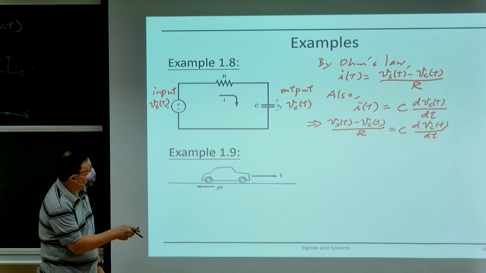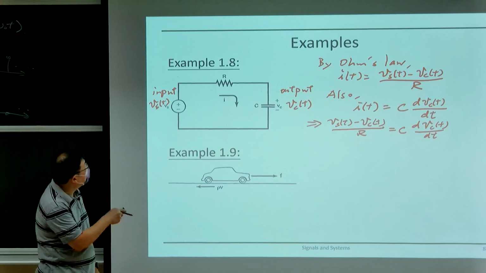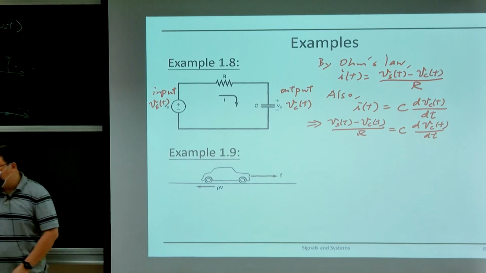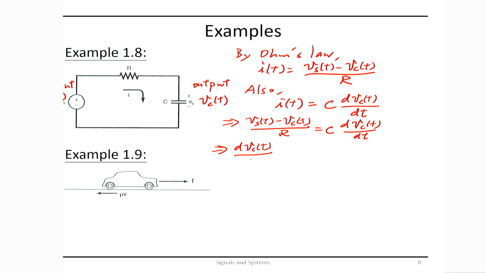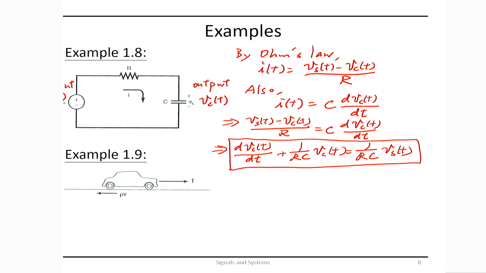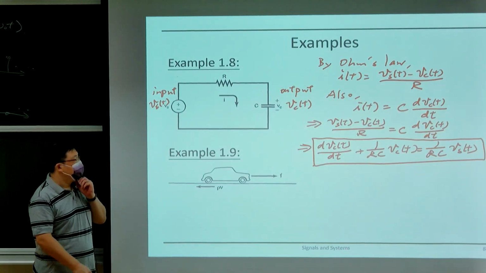If you move things around, moving the output Vc to the left-hand side, and the input Vs to the other side, we get an equation like this: dVc(t)/dt plus 1 over RC times Vc(t) equals 1 over RC times Vs(t).